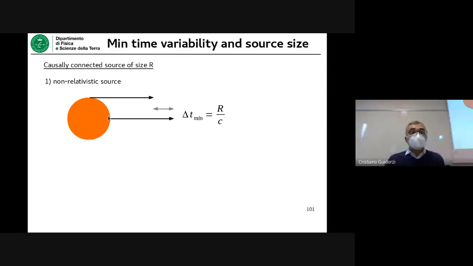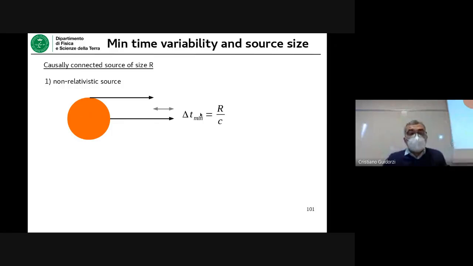You will see it as a gradual event, because you first see something happening here, because these points have the shortest light travel path, and here the longest one. So you will see something changing, not instantly, but on a timescale, delta t, which we call delta t mean. Even if something is occurring simultaneously, you're not going to see something instantaneous. There will be some time interval.